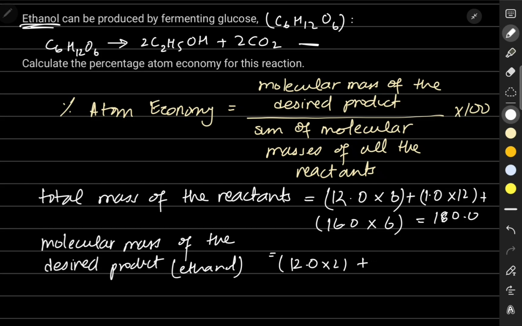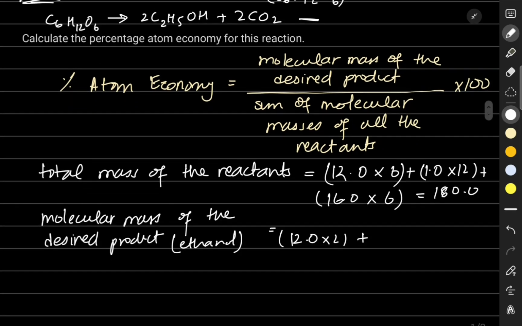I know some of you may already know how to calculate mass, but there are some people who are completely new to this concept, so it's for them. If you know how to do this, you can skip ahead in the video. So 12 times 2, because one carbon is 12, and then 1 times 5 plus 16 for the oxygen, and then for the last hydrogen, 1. All of this together is going to give you 46.